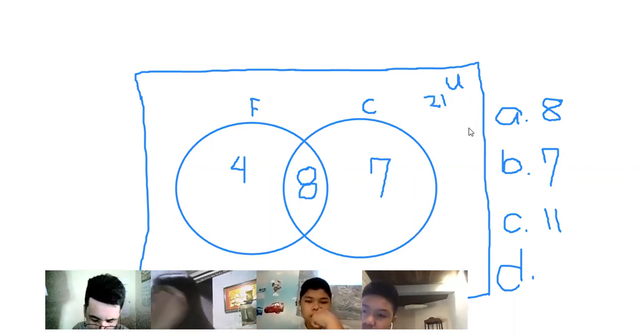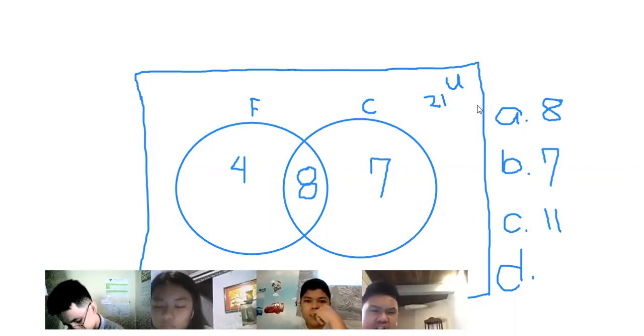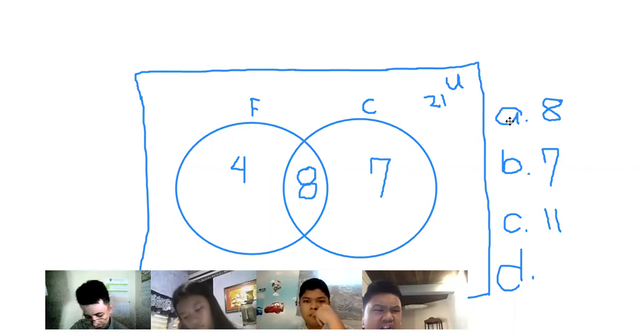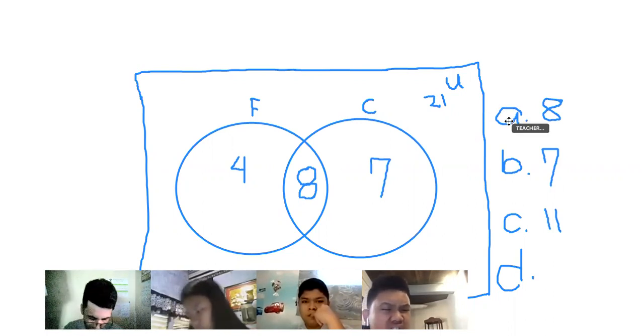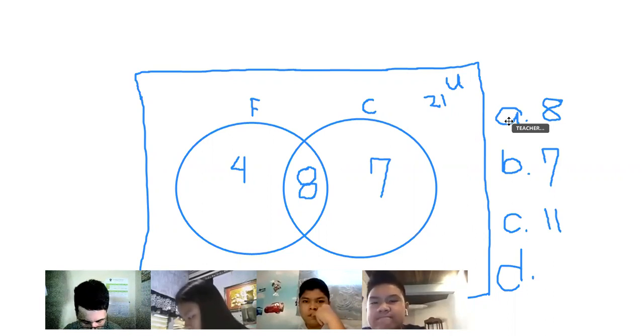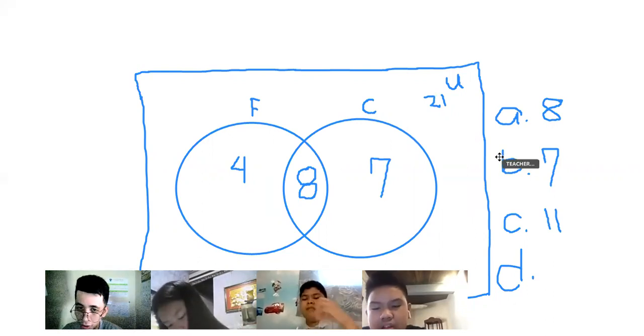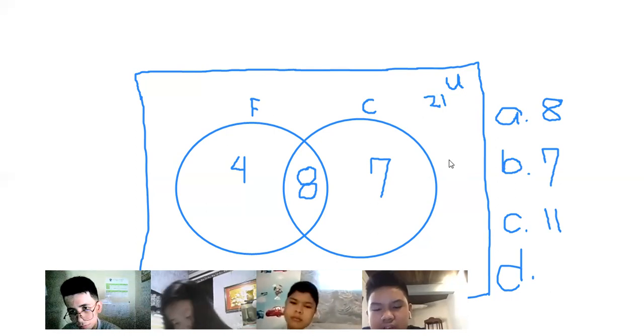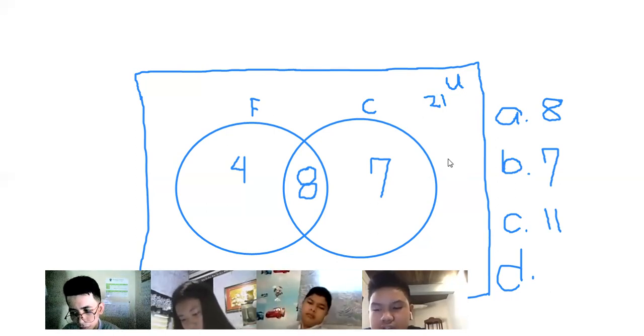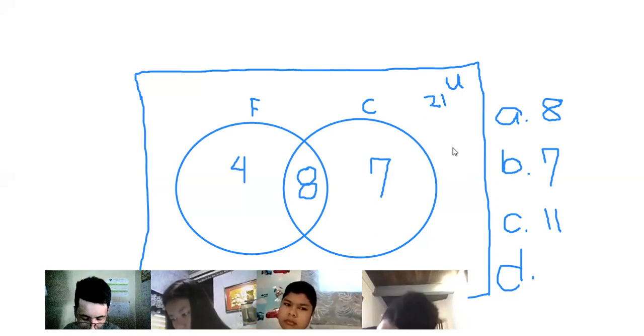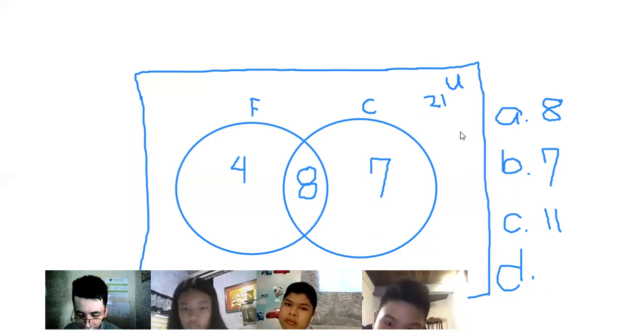Sa letter A lang tayo nalito kasi tanong sa letter A, how many students prepare French or Chinese language? Sa book nakalagay 19. Medyo nalito din ako. Nakalagay sa book, the number of students that prepare French or Chinese is 19. Dapat nilagay nilang tanong, taking both French and Chinese.